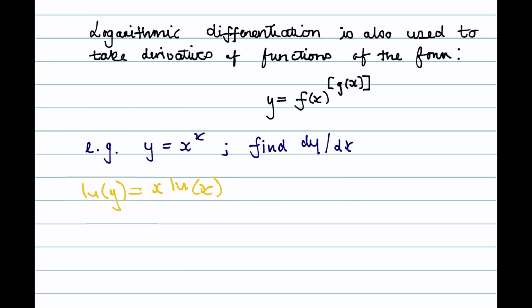Then we can differentiate both sides, so we're going to get 1 over y dy dx is equal to, using the product rule, ln x plus 1.